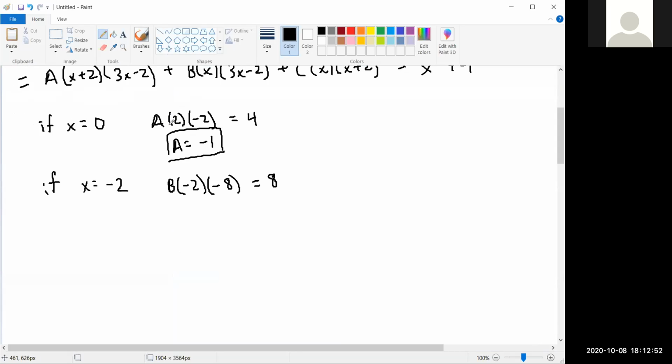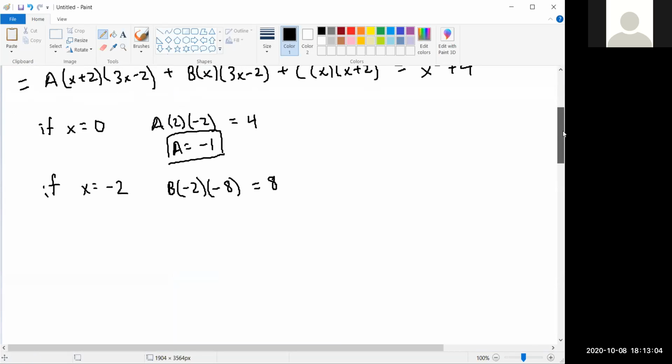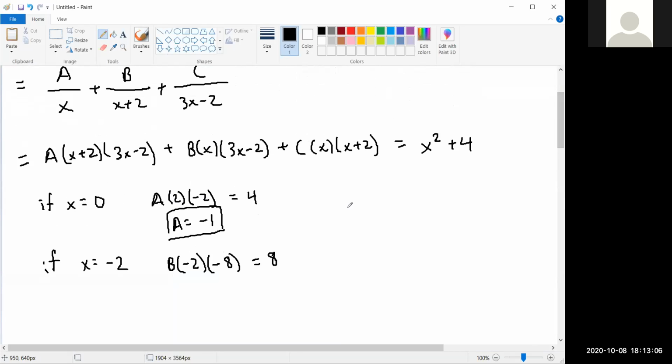So here we have a times 2 times -2 equals 4. So that means we have -4a equals 4. B and C are 0, so it just kind of cancels out. Yeah, we plugged in x into this equation right here.